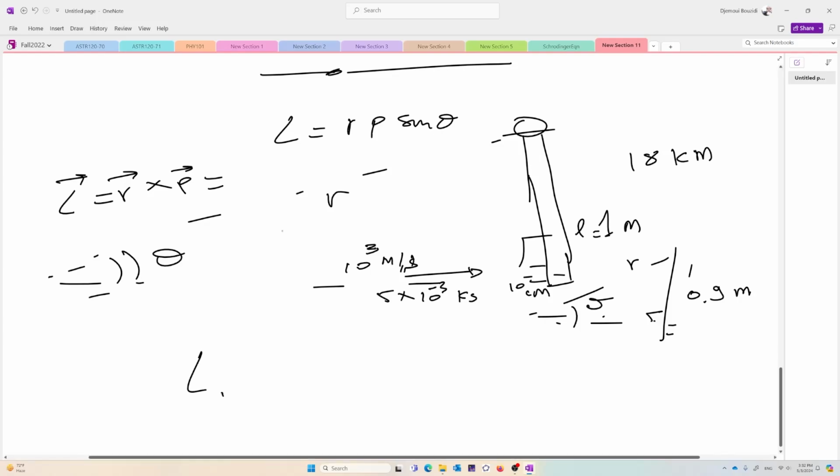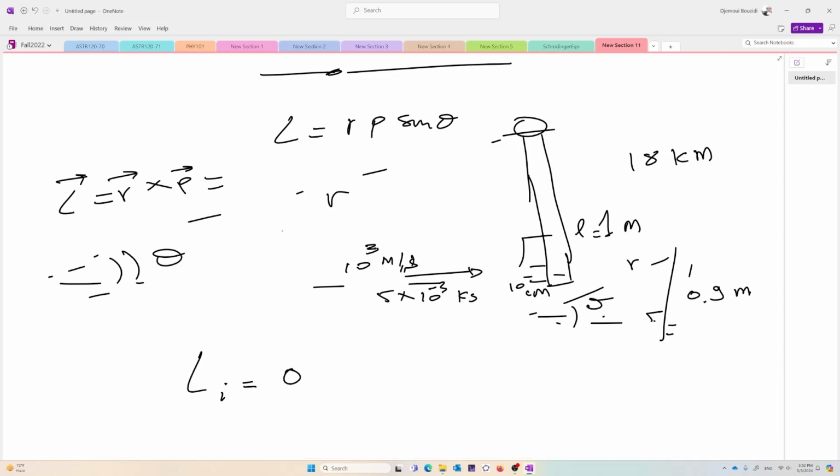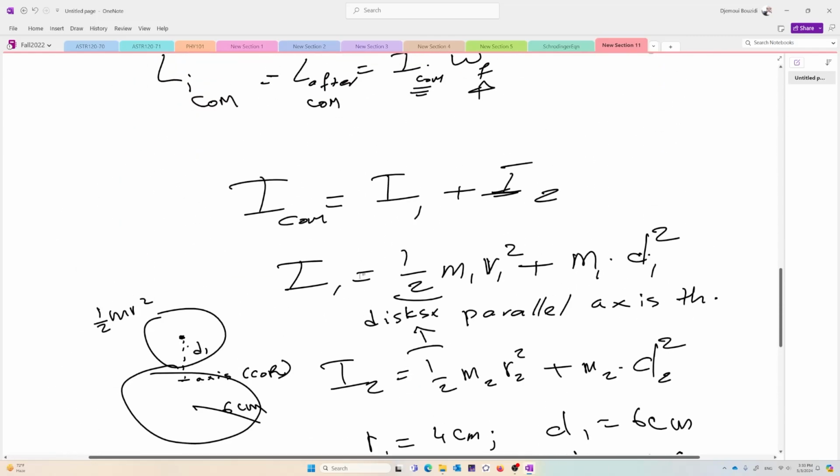So the angular momentum before, with respect to the pivot point and axis passing by the pivot point, is going to be equal to 0.9 times the mass of the bullet, which is 10 to the negative 3, times its speed, which is 10 to the power 3. So the whole thing is 0.9 kilogram meter squared per second. So this is easy to find. So that's how much angular momentum we had.